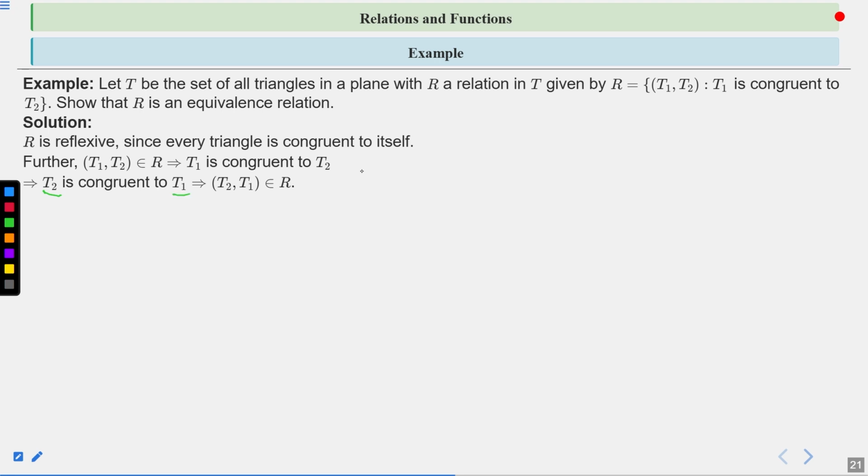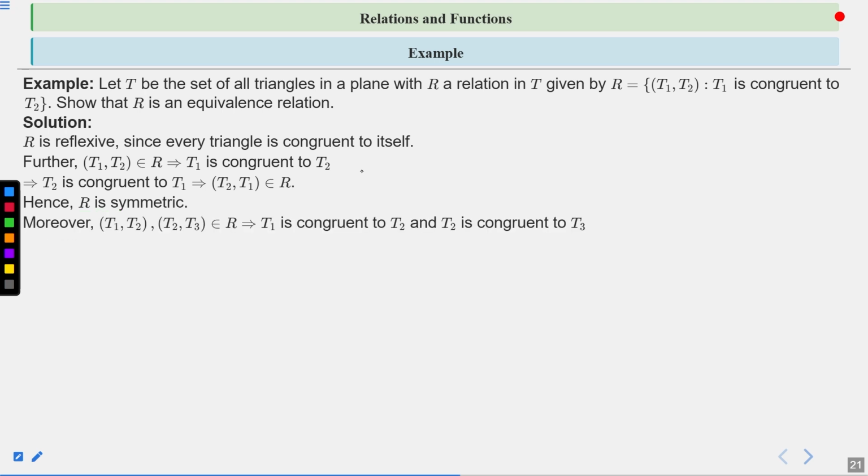It is the same thing: saying T1 is congruent to T2 is the same as saying T2 is congruent to T1. But in pair form, we write it as T2 comma T1. Now you see that if this happens, then this will also happen. So by definition, it is a symmetric relation. So R is symmetric.